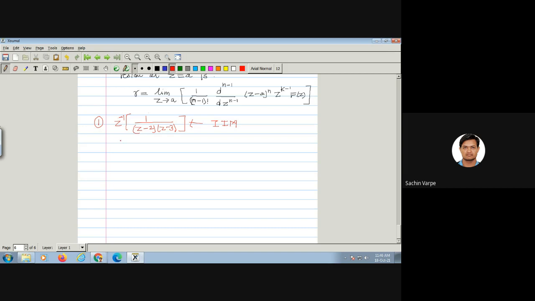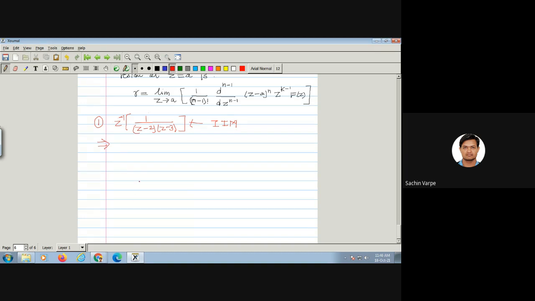So specifically for inversion integral method, ROC is not provided. Region of convergence will not be given. If it is given, we can, of course, use the inversion integral method. But if it is not given, then also we can use it.